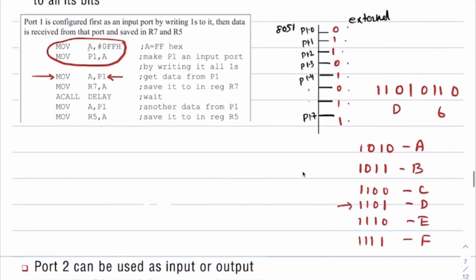That means the moment you read the content of this port into the accumulator, the accumulator will become D6.